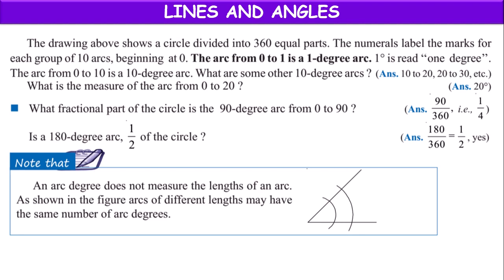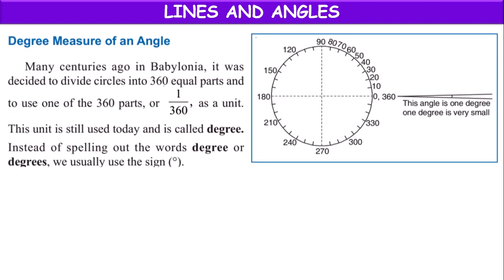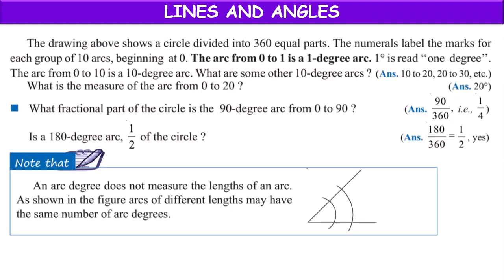Next slide. So here, this diagram shows the circle divided into 360 equal parts. So 0 to 1 is 1 degree, 0 to 10 is 10 degrees. This 1 degree is read as 1 degree.